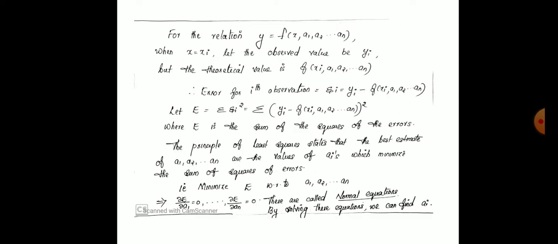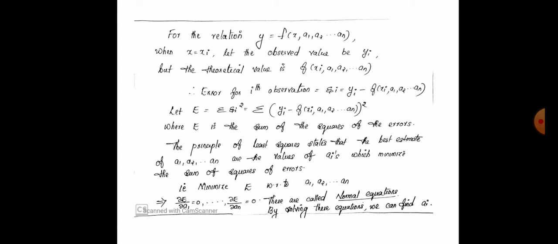For example, for the relation y equal to f of x, a1, a2, etc. an, a general equation of a curve, when x is equal to xi, let the observed value be yi and the theoretical value be f of xi, a1, a2, etc. an.